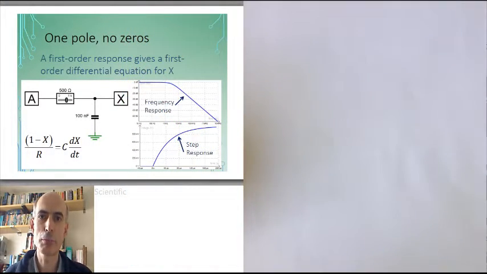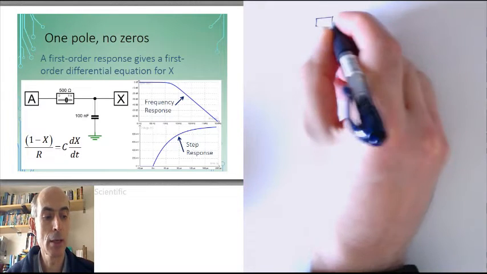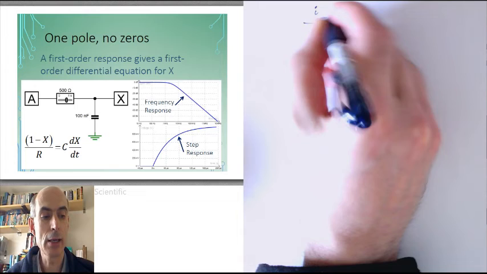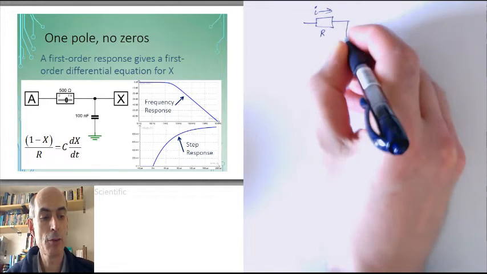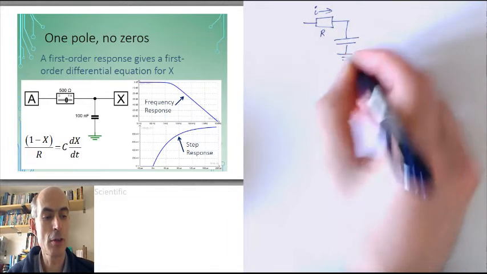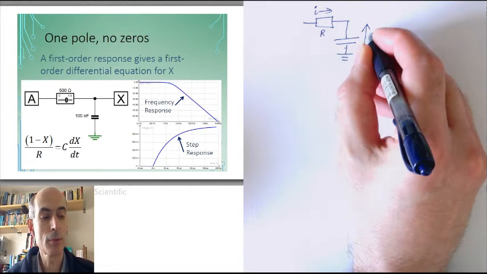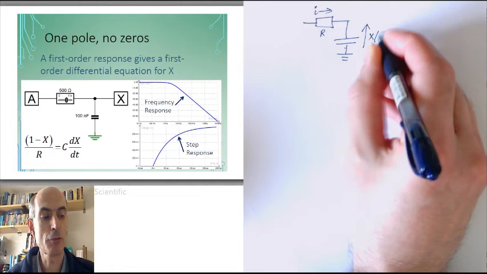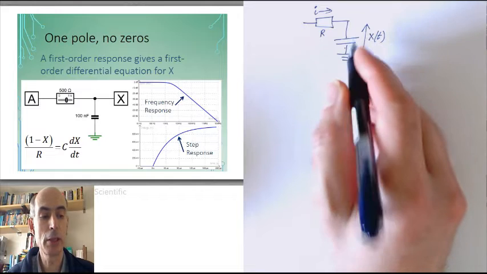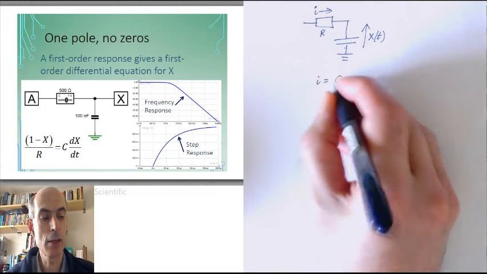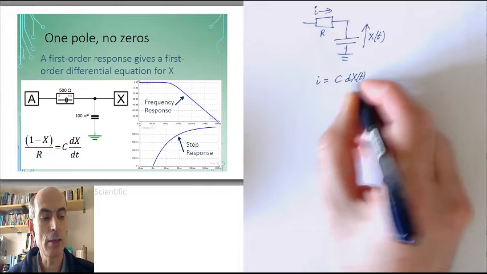Now we've seen this circuit before in a different context, but the mathematics of working out the step response is exactly the same as the mathematics we've seen before. We just consider the current through this resistor as being, let's say, I, and that means that the voltage across the capacitor, I'll call it X, a function of time, is going to be given by I equals C dx/dt.